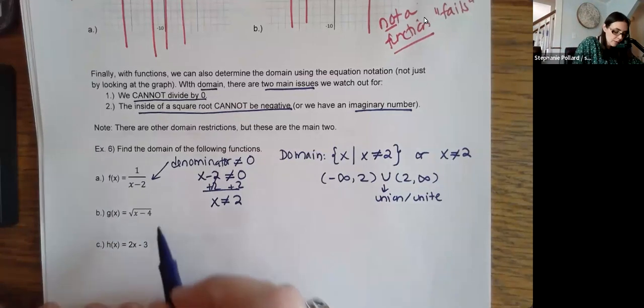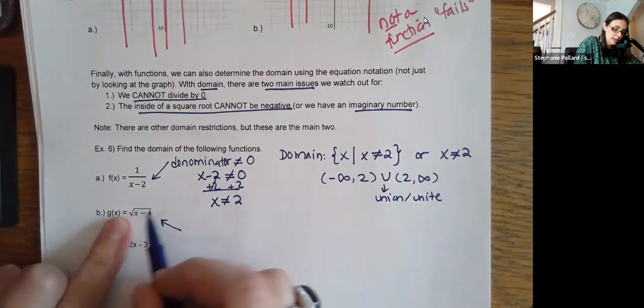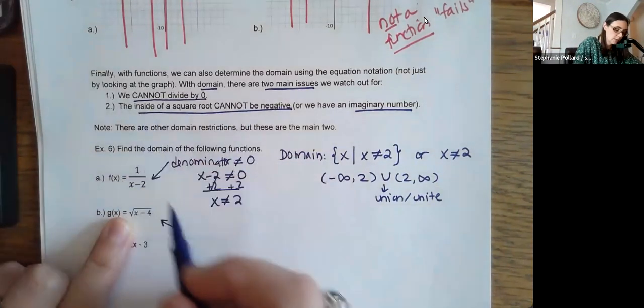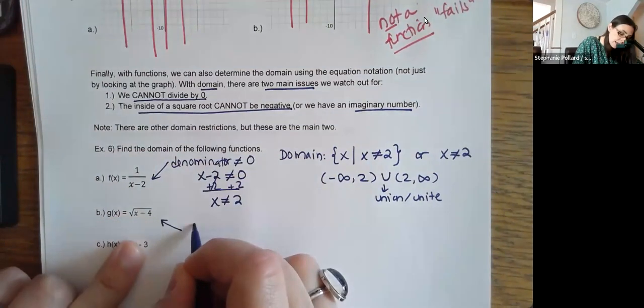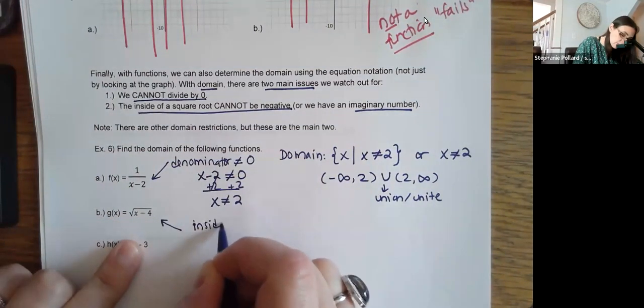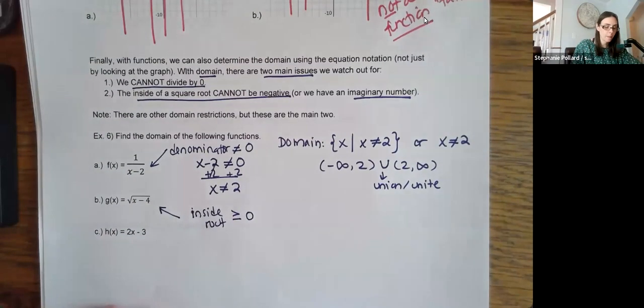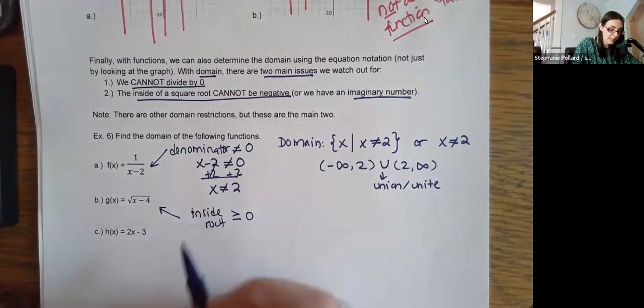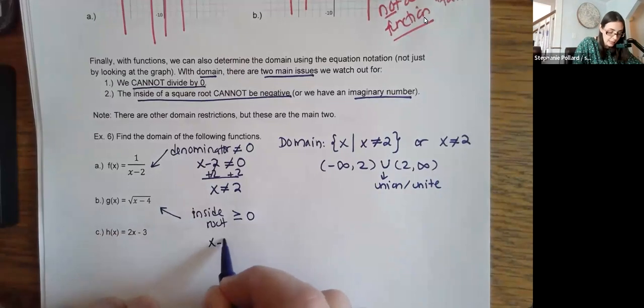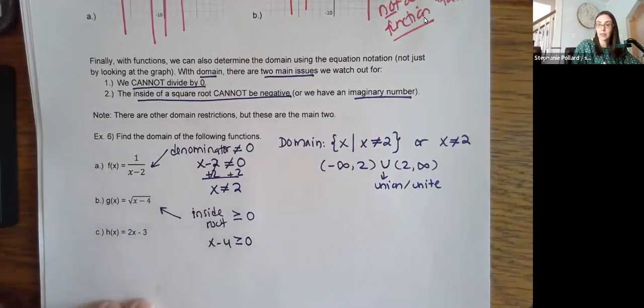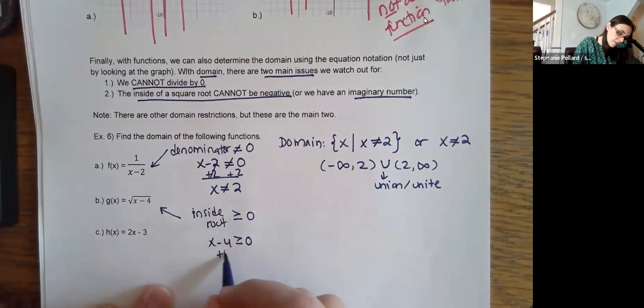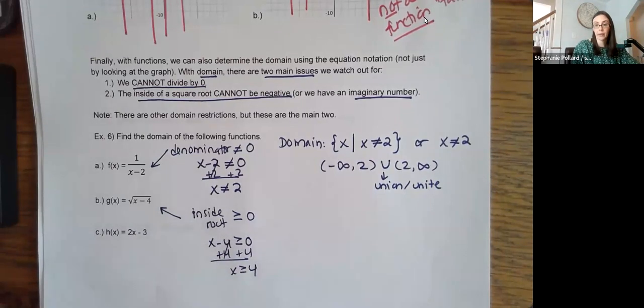In our next example, notice I have a square root, right? So the inside of a square root has to be non-negative. So it has to be greater than or equal to 0. What I do for these is I take the inside of that root and set it greater than or equal to 0 and solve. So here I can add 4 to both sides. So x has to be 4 or bigger.